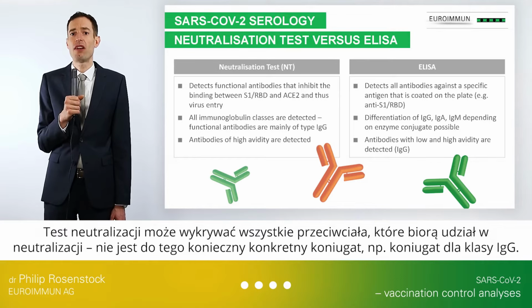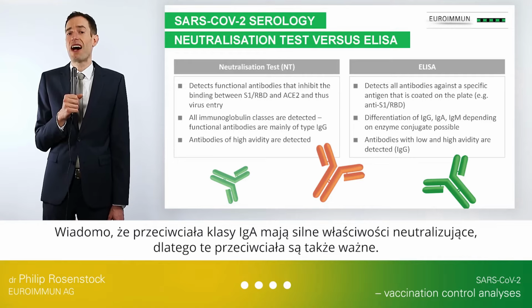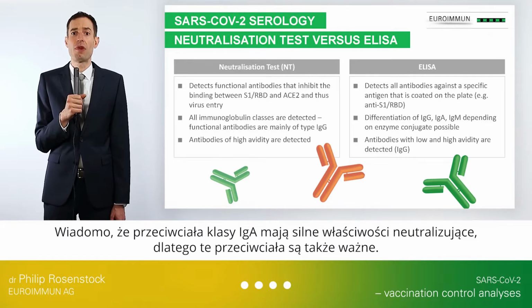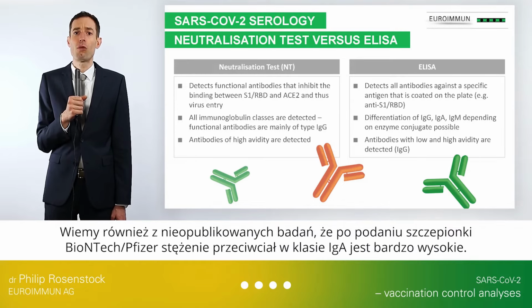So it does not carry a specific, let's say, for example, IgG conjugate. Since IgA antibodies have a high neutralization capacity, of course these antibodies are also important to be detected. And what we have learned from some unpublished studies is that the IgA response is very high after vaccination with, for example, the BioNTech Pfizer vaccine.